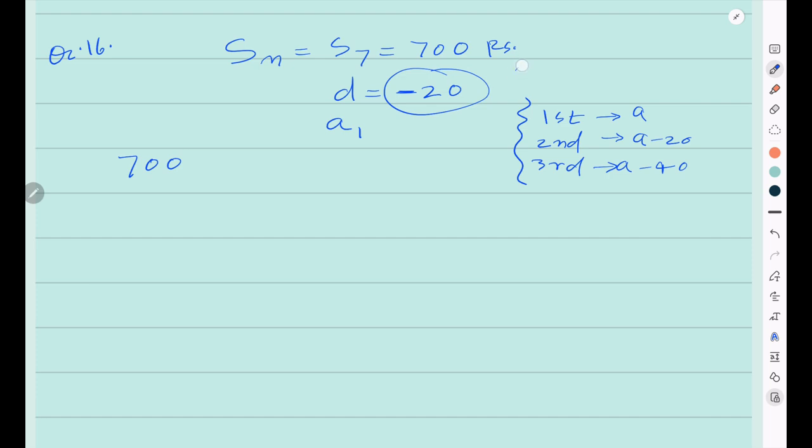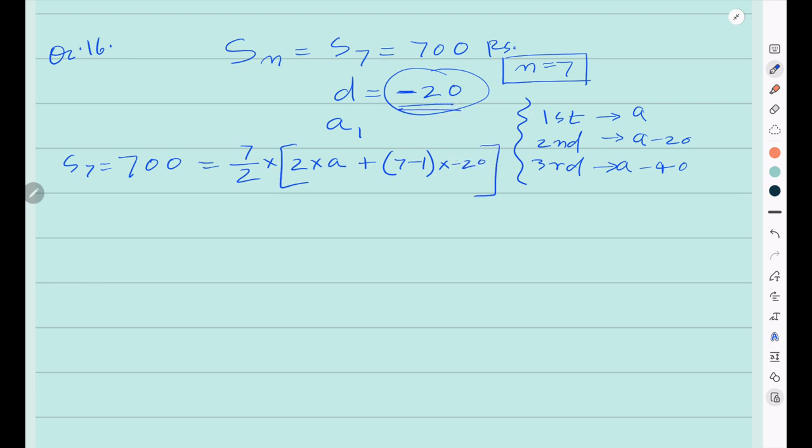Here it's given that there are 7 prizes, so there are 7 terms in that AP. So S7 is 700. We can just apply the formula, n divided by 2 times 2 into A, we don't know A, the first prize, plus 7 minus 1 times D. D is minus 20, not 20, minus 20.